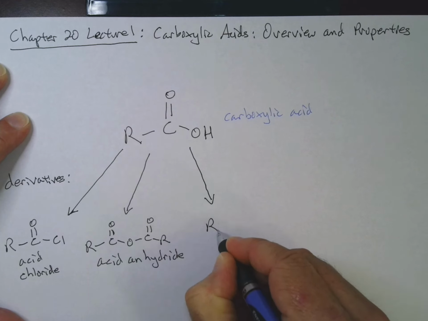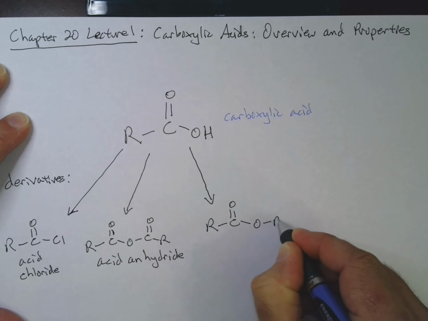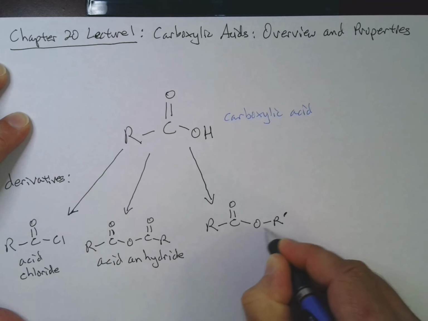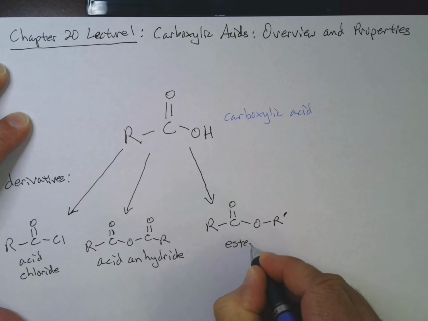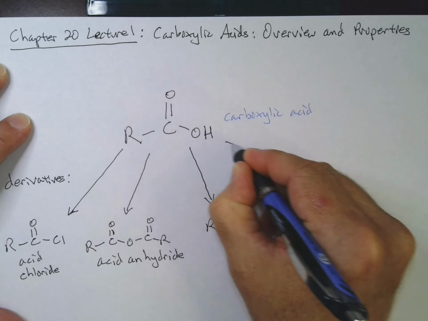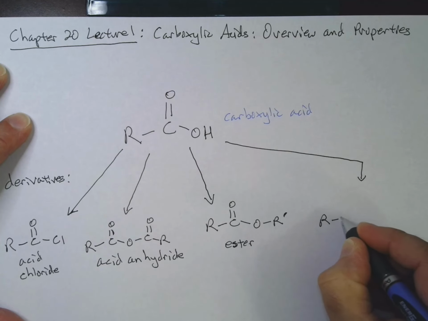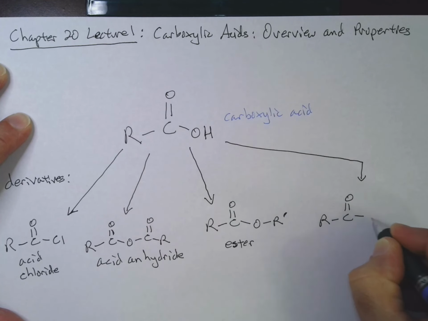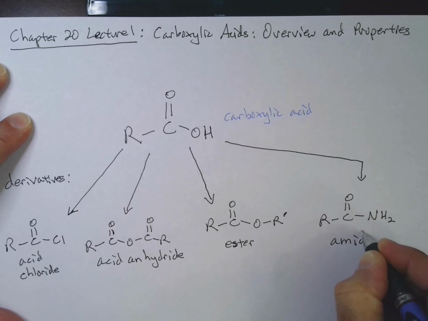We can also have, instead of an OH, an OR there. We'll have an alcohol, what came from an alcohol, and that's called an ester. And then the last one that I'm really going to focus on is amide.